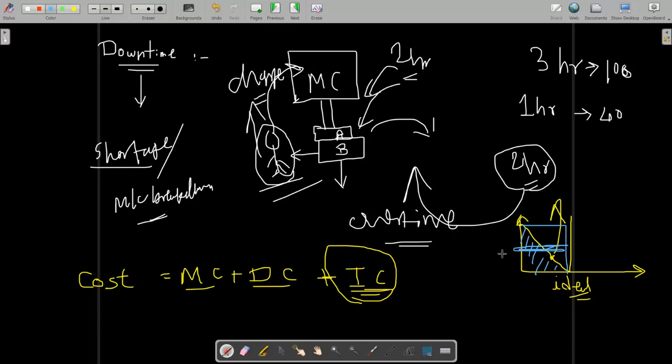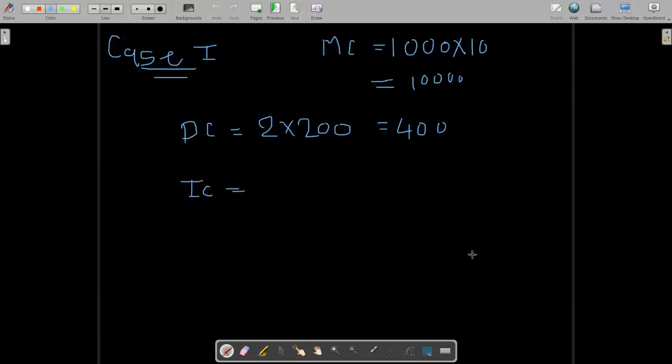So to make the average, we will take half of the total. So what is the number of components? 1000 divided by 2. And what is the inventory carrying cost? 10%, that means 10 by 100 of unit cost. Unit cost is 10 rupees. So this will cancel out, and it will become 500 rupees.